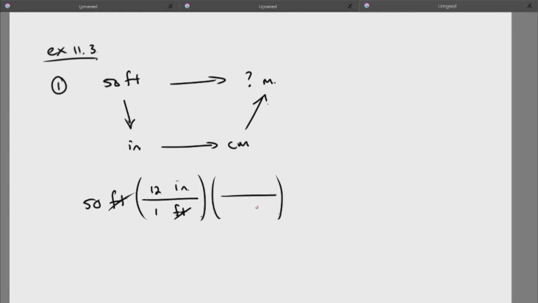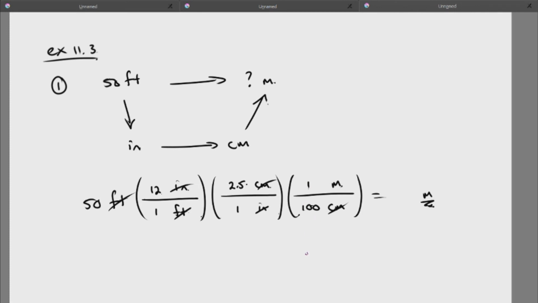Then I'm going to put inches at the bottom, centimeters at the top, and according to the table, it's 1 and 2.5, just for convenience. That means I'm currently in centimeters. One more step: putting centimeters at the bottom, meters at the top, so that I'm in the right unit. And 1 meter is 100 centimeters.